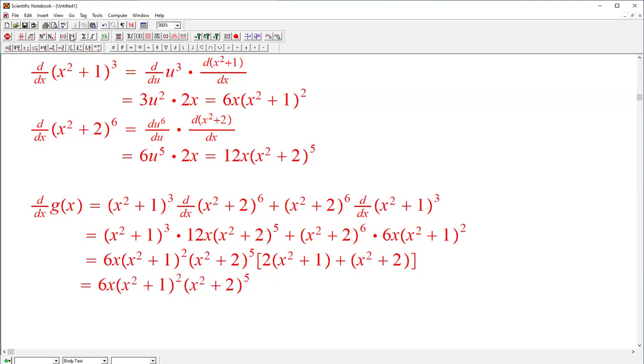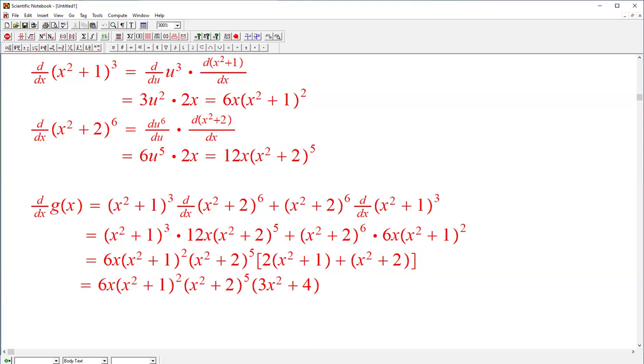And in the bracket, 2x squared plus x squared, so we get 3x squared plus 2 plus 2, so plus 4. 2x squared plus 2, x squared plus 2, so 2x squared plus 4. And now the bracket can be turned into a parentheses. So we can remove the bracket. But we can keep the bracket too. Okay.